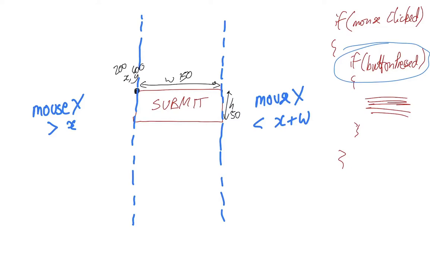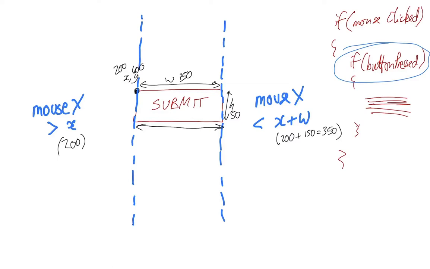So my mouse is going to be greater than 200 and less than 200 plus 150, so less than 350. I've now got a 150 pixel window, which is this width here, and that means that I'm on the correct X position.